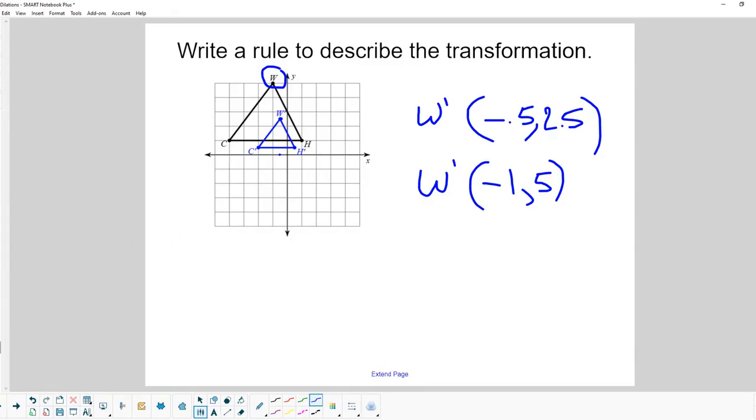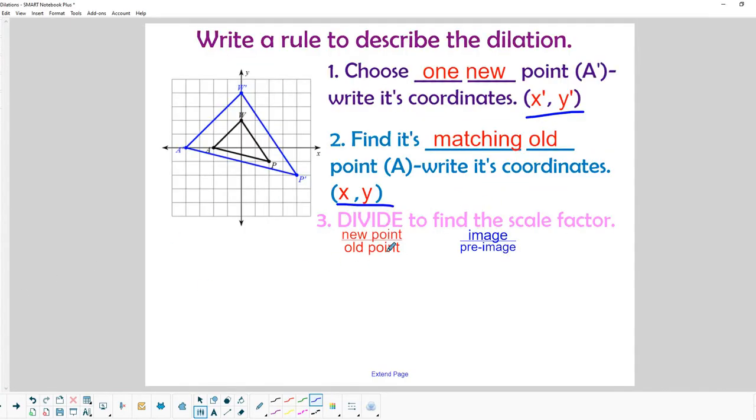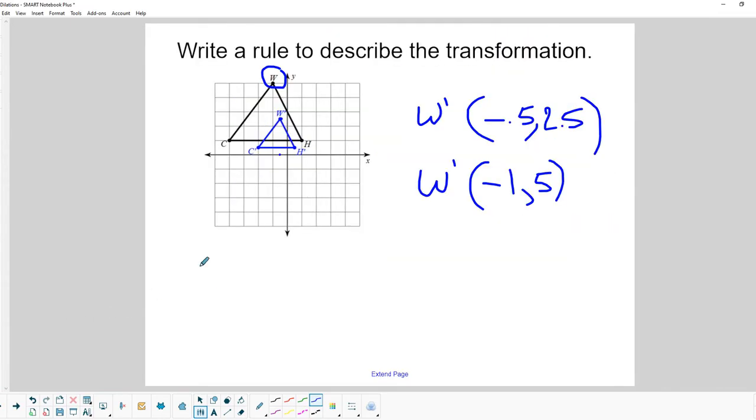So then let's go back and see what to do. We divide the new point by the old point. So if we divide by this, we notice 0.5 divided by 1. Oh, we've got to double check. This is W right here, not W prime.